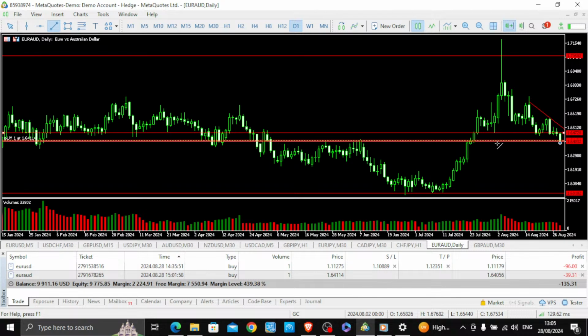So from here now, we must allow the market to come. Maybe it will come up. When it gets here, if it comes back again to this area, we cannot sell at this point in time. It is not advisable to sell because it may turn against us and start moving back. Here is a very important area.